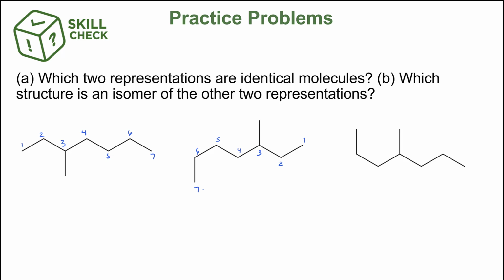That one is the same. Okay, so just these two are the same. The last one has the CH3 group coming off of 4. So the first two are identical. The last one is just another isomer.